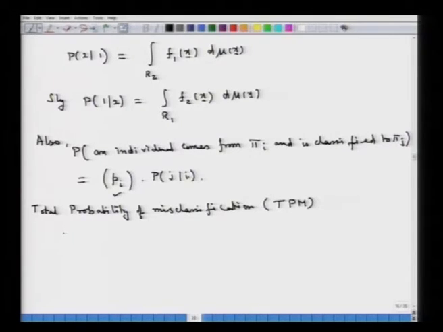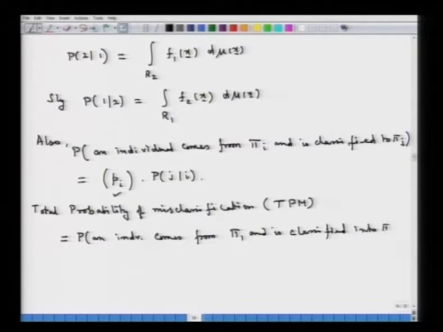So, this TPM is going to be given by the sum of the probabilities that an individual is coming from pi 1 getting misclassified into pi 2 plus an individual is coming from pi 2 and is getting misclassified into pi 1. So, this is the probability that an individual comes from pi 1 and is classified into pi 2.